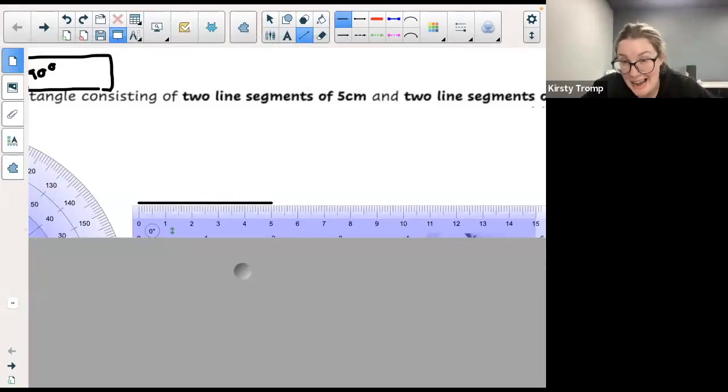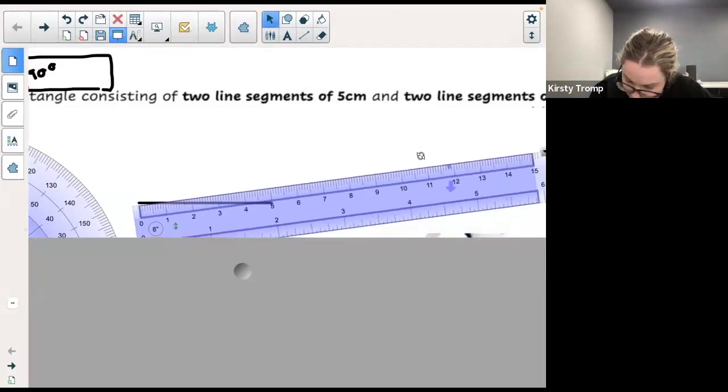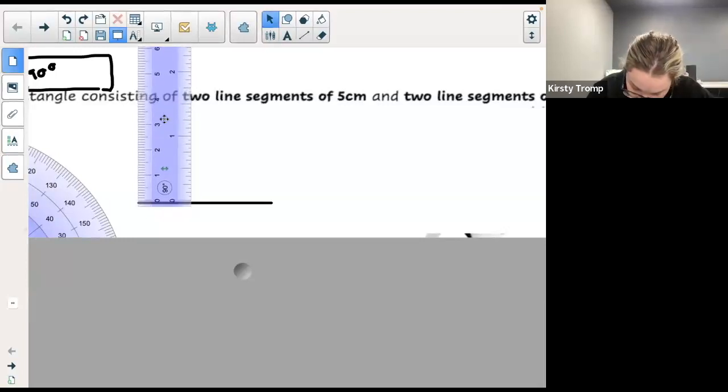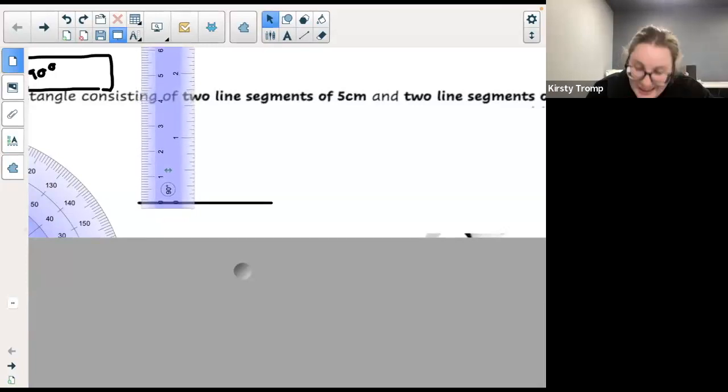Now I could take my ruler and move it up so that it looked like it was 90 degrees, and judge roughly that it was 90 degrees. Put it on 0, and now I'm going to draw a line that is 3 centimeters.